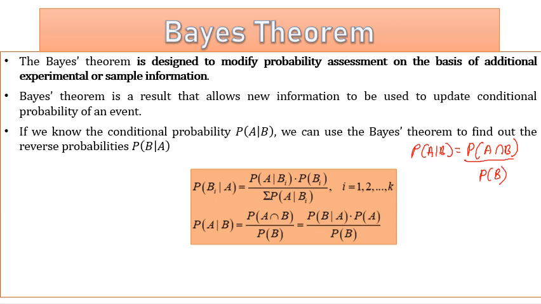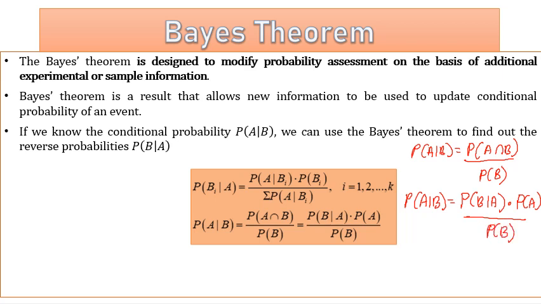So from Bayes' theorem, P(A given B) equals P(B given A) times P(A) over P(B).